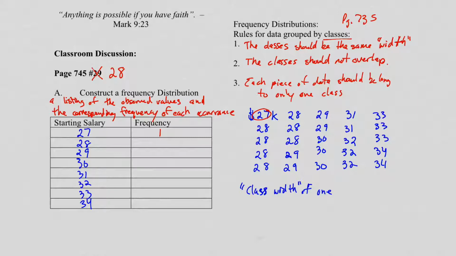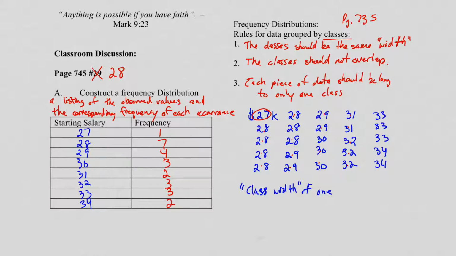Then 28s, we have 1, 2, 3, 4, 5, 6, 7. 29s, we have 1, 2, 3, 4. 30s, we have 3. 31, we have 2. 32, we have 3 as well. 33, we have 3. And 34, we have 2.